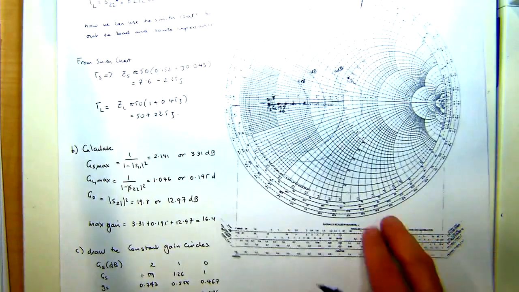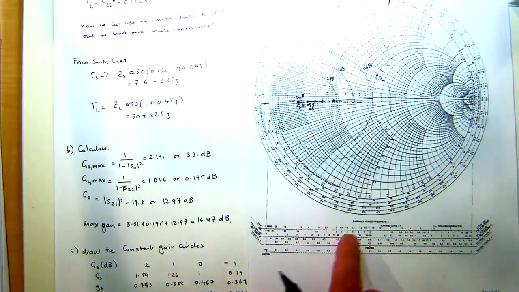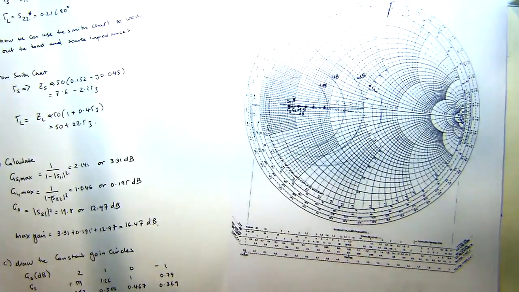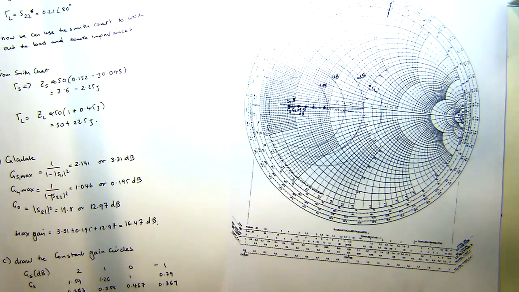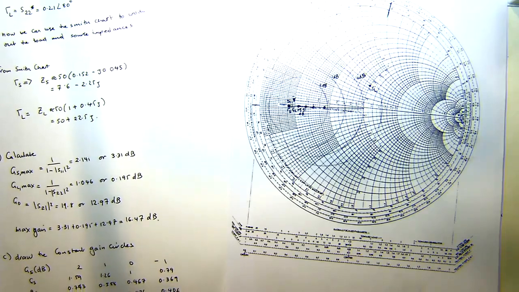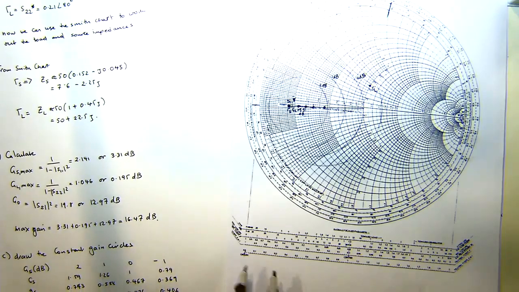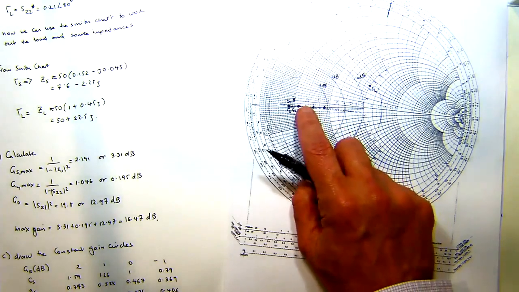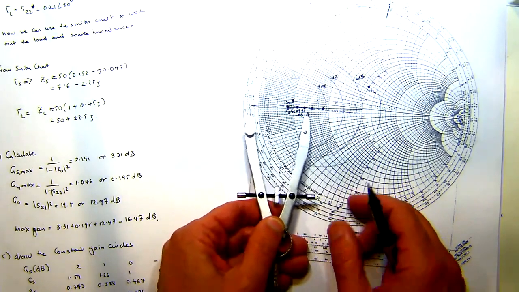Okay, so then what we do is we identify the magnitude of CGS. In particular, for 2 dB, we know it's 0.629. We go through our trick again using our compass, find 0.629 and that location.